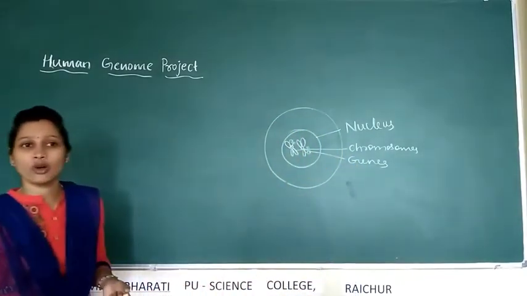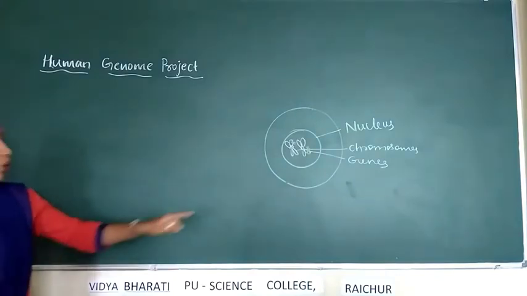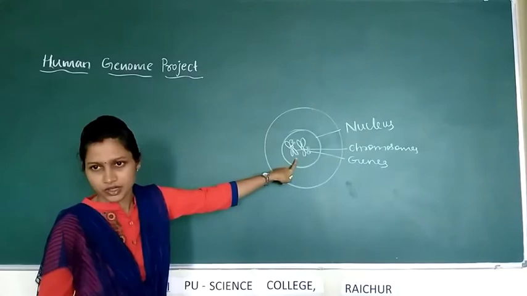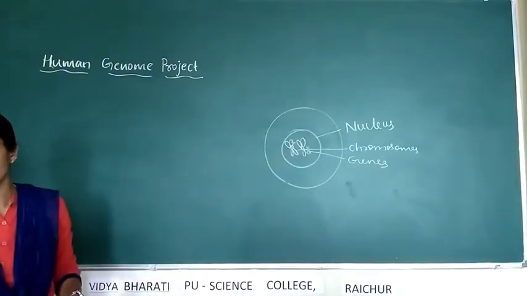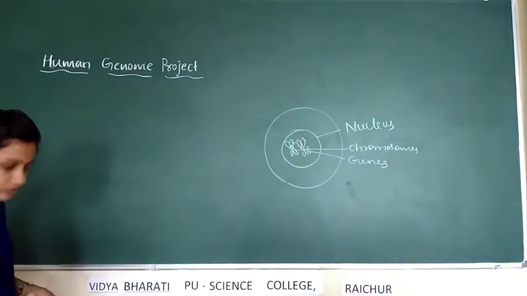So what is a genome? Genome is a complete set of chromosomal and extrachromosomal genes which are present in the cell, or which are present in the human body. Clear? That is called the genome.